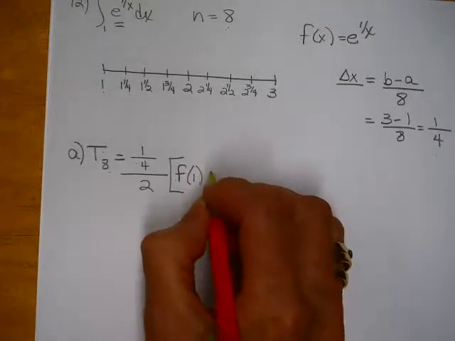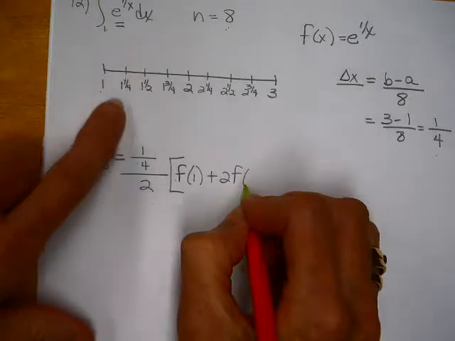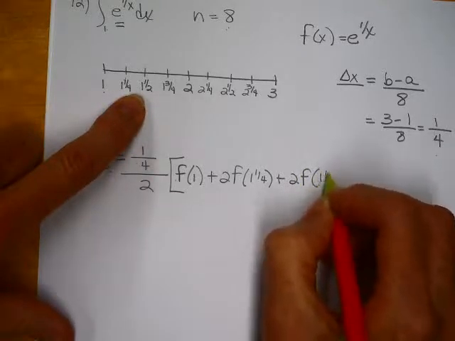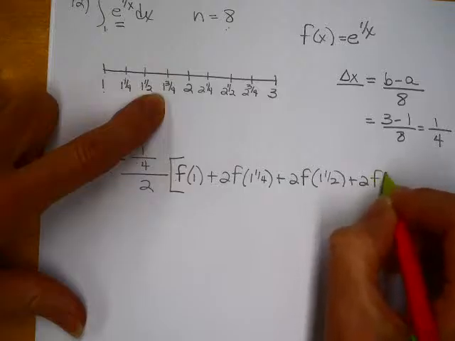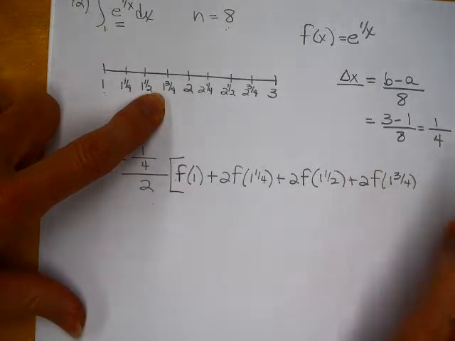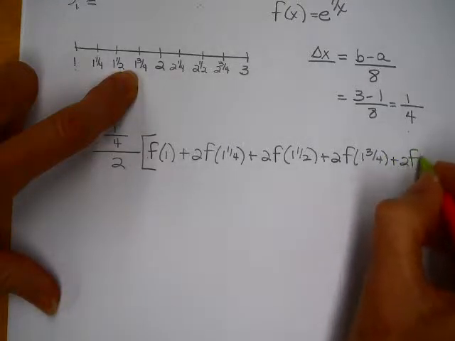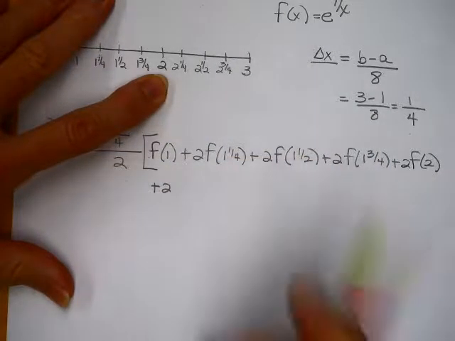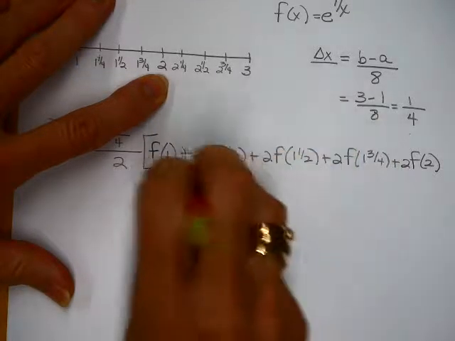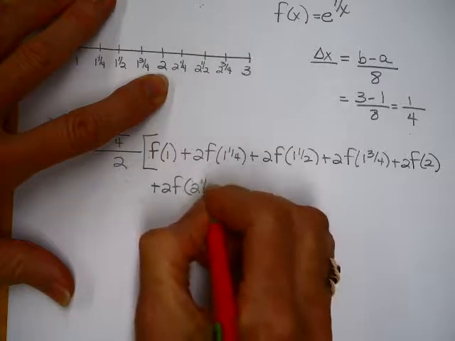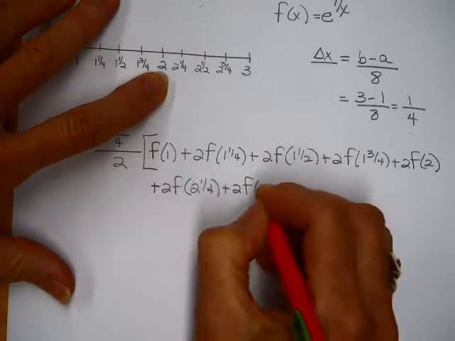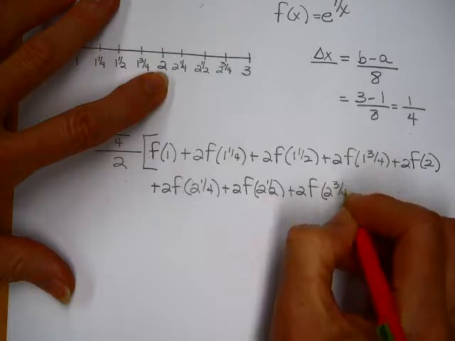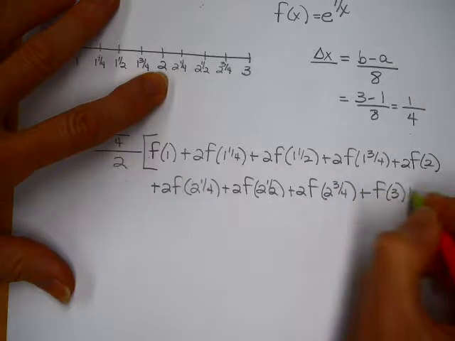So f of 1 plus 2 times f of my next endpoint, which is 1 1/4, plus 2 times f of 1 1/2, plus 2 times f of 1 3/4, plus 2 times f of 2, plus 2 times f of 2 1/4, plus 2 times f of 2 1/2, plus 2 times f of 2 3/4, plus f of 3.